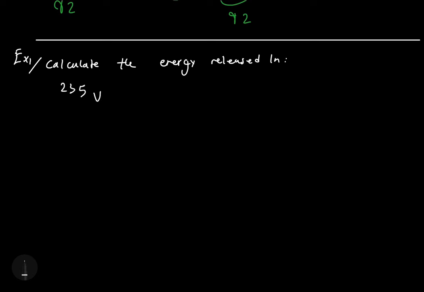Uranium-235 reacts with a neutron to give out barium-141 plus krypton-92, as well as 3 neutrons and energy. So what we're supposed to calculate in this question is the amount of energy released.